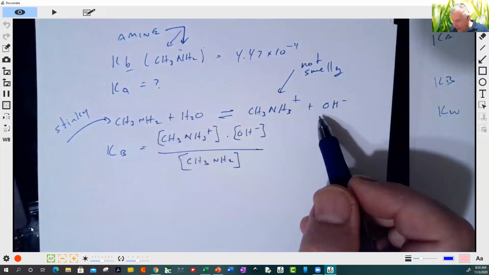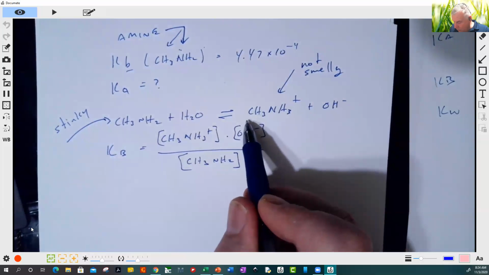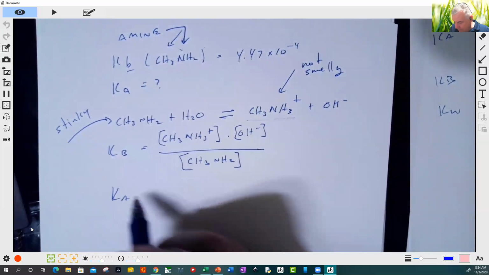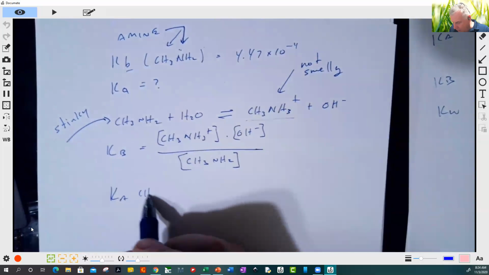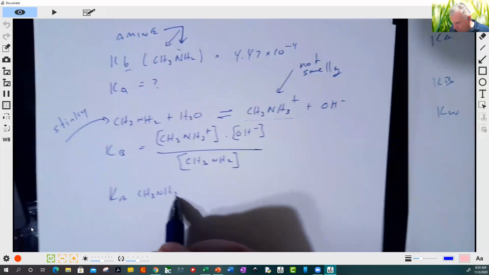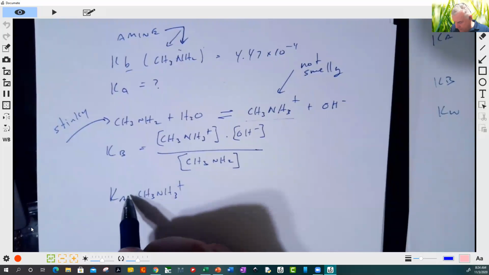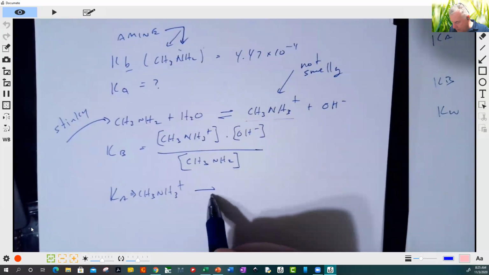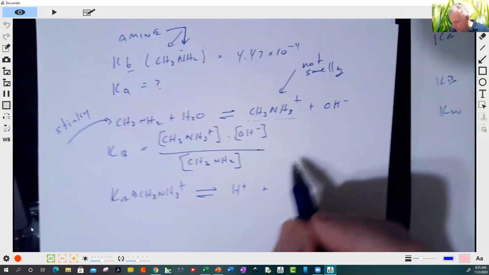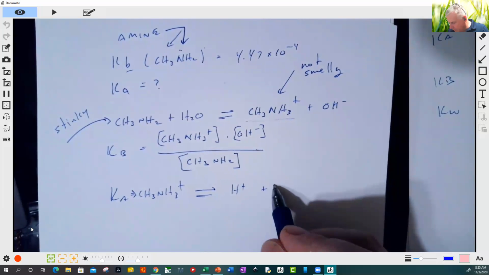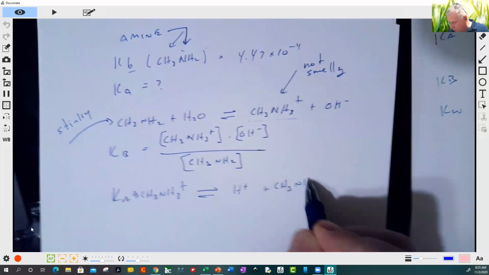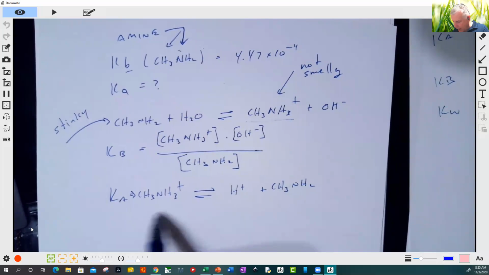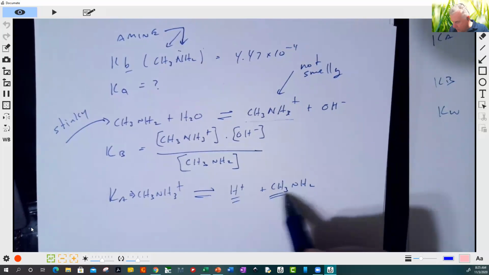So the Ka is, we're going to take this product, this guy here, CH3NH3 plus, makes H plus and the stinky part, CH3NH2. So this is the Ka, right? Because it's making acid, right?